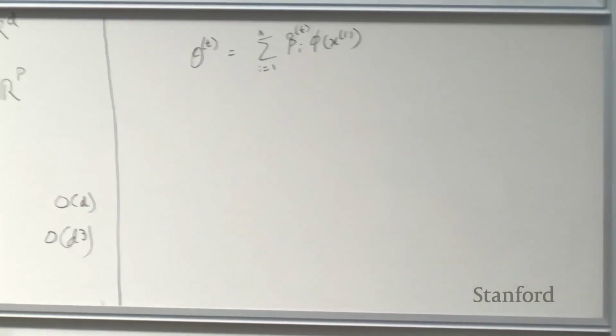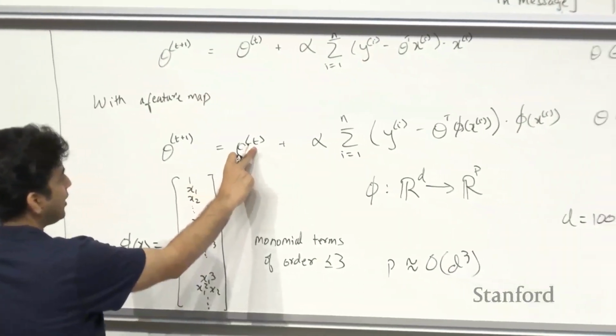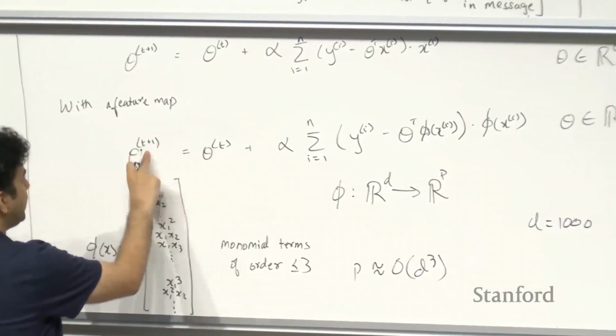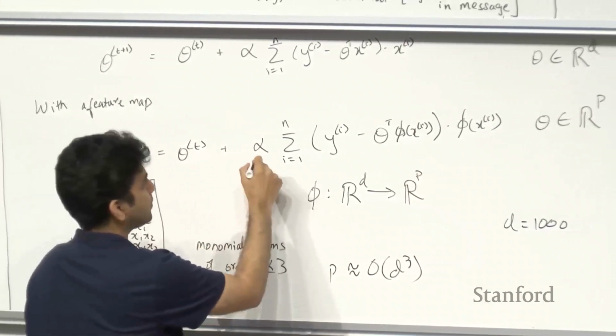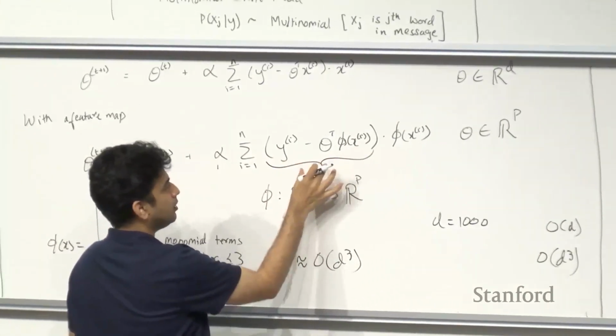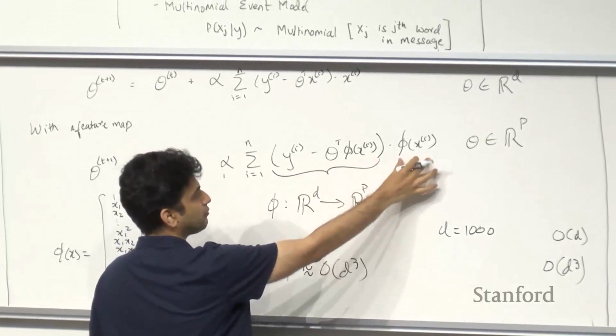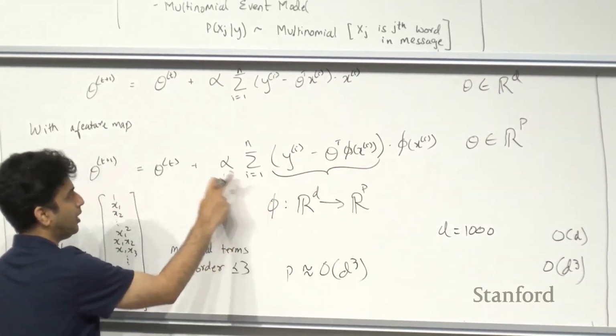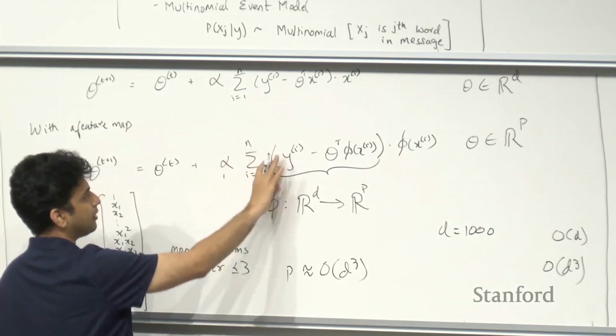And this should be obvious, because assume theta 0 is just 0, then theta 1 will be a sum where each term is a scalar times phi of xi, and you can absorb the alpha inside.